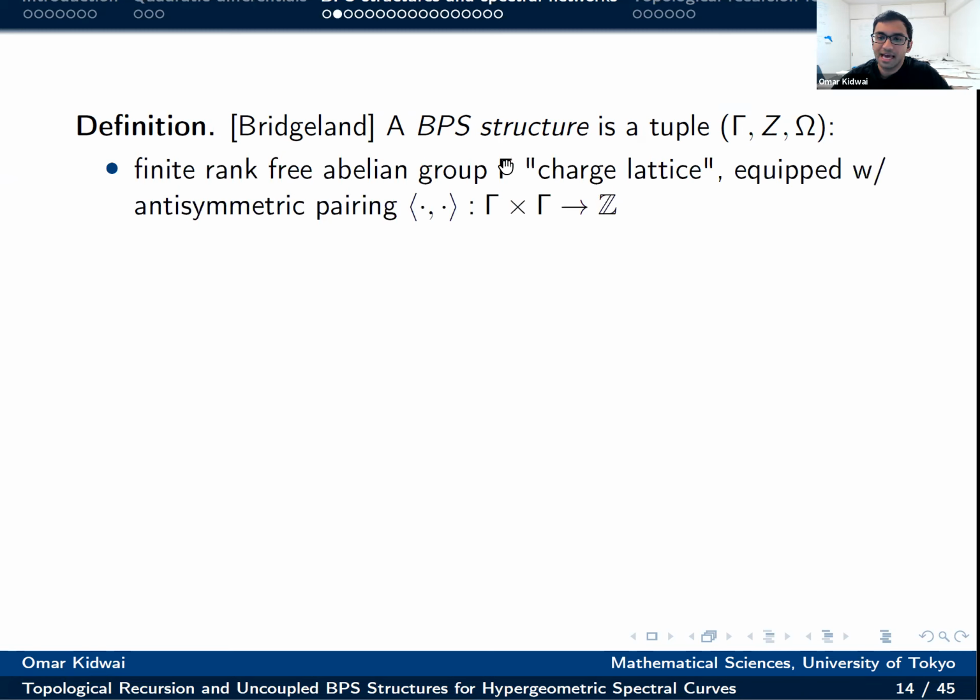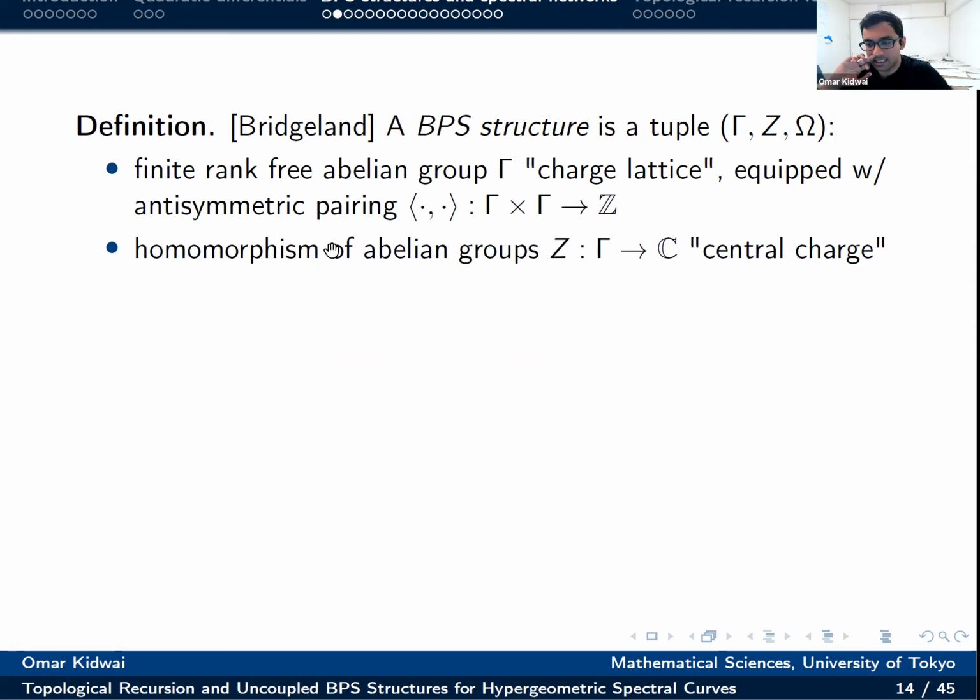I have a charge lattice, gamma, which is a finite rank abelian group, and which comes with an antisymmetric pairing into the integers. Then I have a homomorphism of abelian groups: I attach to every lattice vector a complex number called the central charge of that vector.